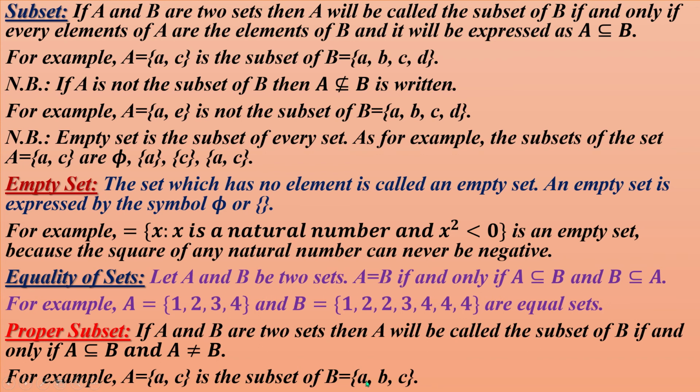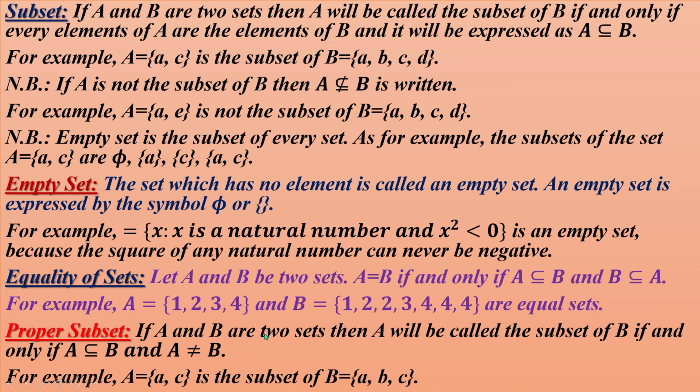Every element of A is an element of B. So A is a subset of B and also A is a proper subset of B. Clear? This is proper and also a subset.